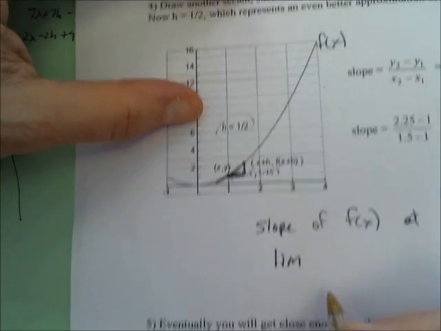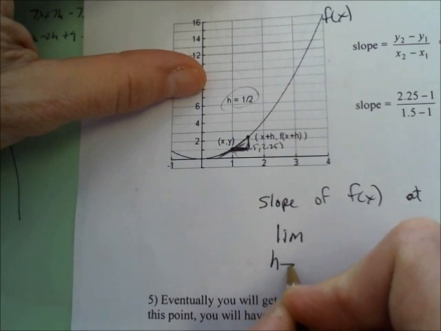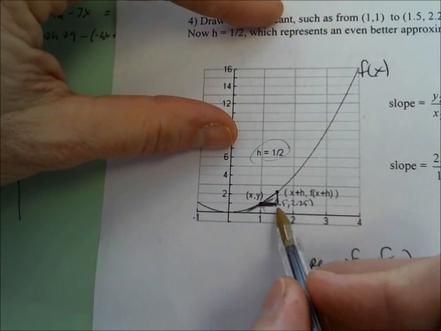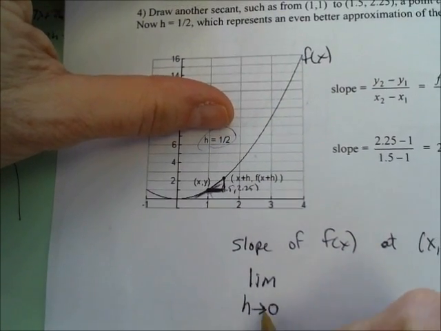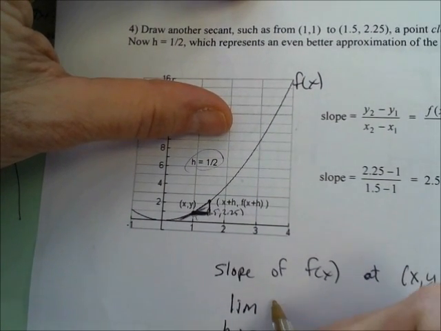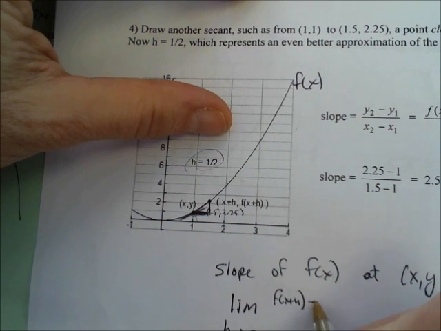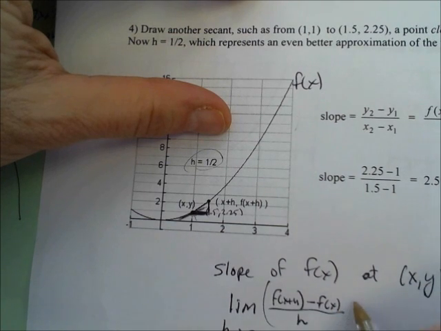We're finding the limit as h gets closer and closer to 0. We're shrinking that little delta x down here. And then we're just finding this slope function, which is f of x plus h, y2 minus y1 over x2 minus x1, which just turns out to be h.